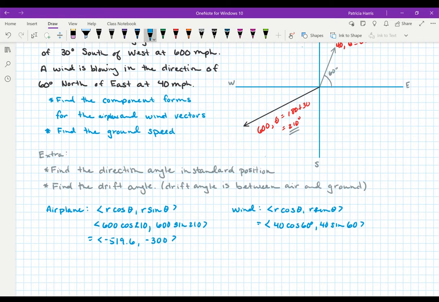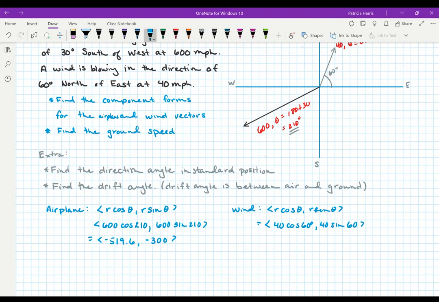Notice that when we find the component form of the vector, that does make sense because it is in the third quadrant. Both of our components, horizontal and vertical, are negative, which places our vector in the third quadrant. So that's a good way to check if you're doing the math right.